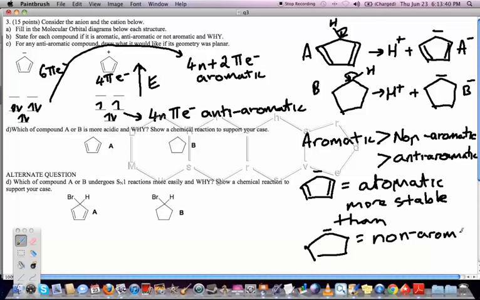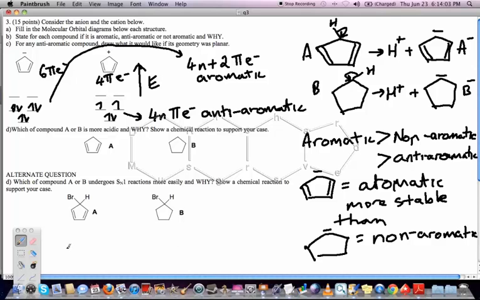And we know this one's non-aromatic. It is cyclic, but it's not conjugated, so there's nowhere for this negative charge to go. But this one, being aromatic, means the negative charge is actually delocalized all around this ring, so that's what makes it more stable.